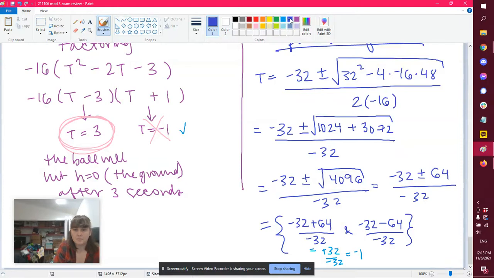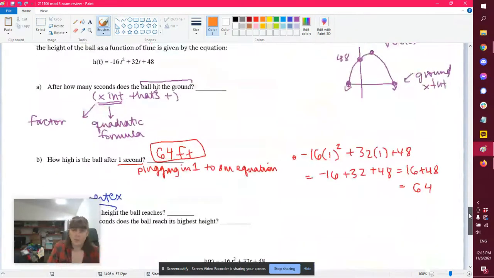Same over here. Whereas this one gives us negative 96 over negative 32, which is positive 3. And we'll take the positive one because we're talking about time. All this to say, it hits the ground after 3 seconds. And that's what we got from factoring or using the quadratic formula and then taking the positive answer.